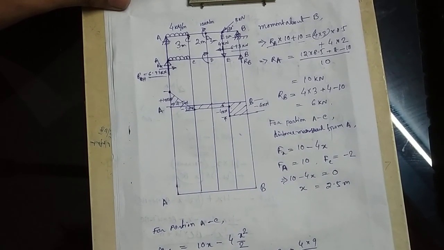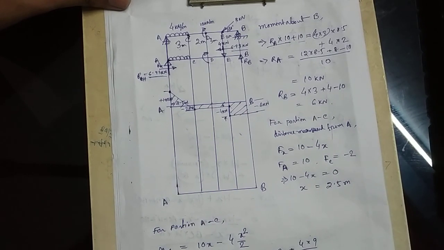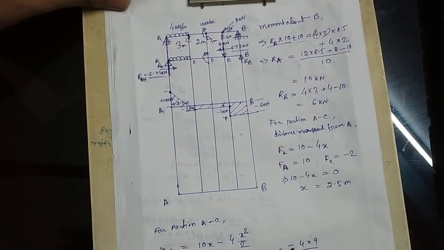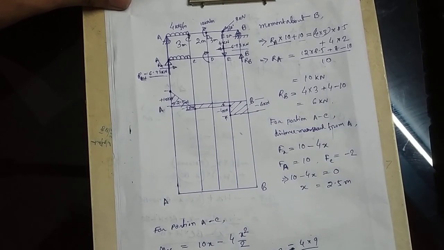So 30, sorry, this will be minus, so this will be 12 kilonewton meter.